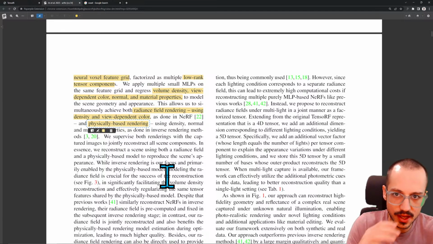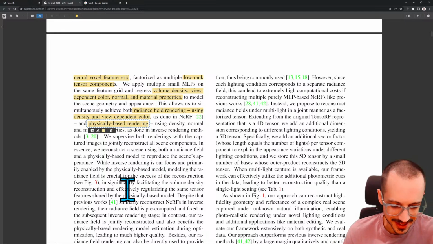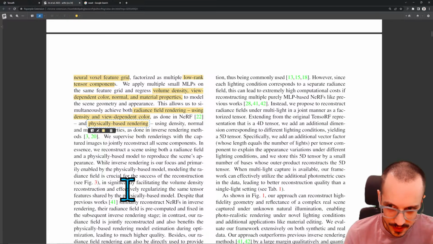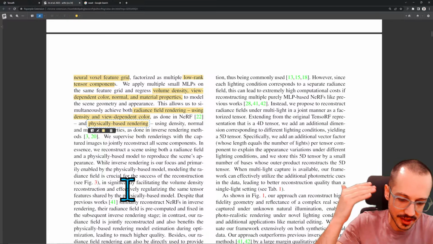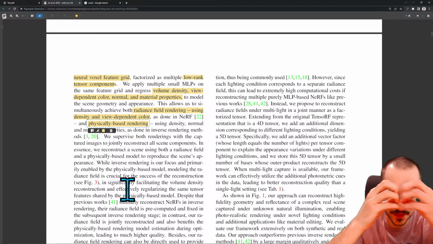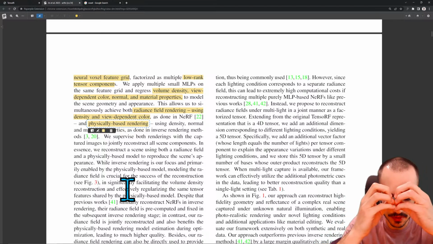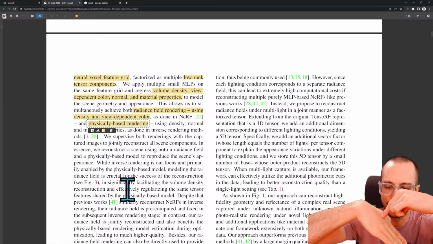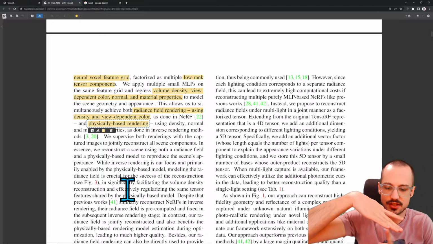If you're playing a video game, usually it's not doing ray marching. What it's doing is physically based rendering, where it's actually using lights. It has a light source, and it projects a bunch of vectors outside of that light source, and they bounce off of the mesh, right? And the mesh has some normal.